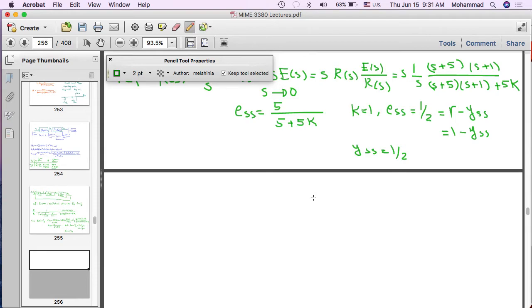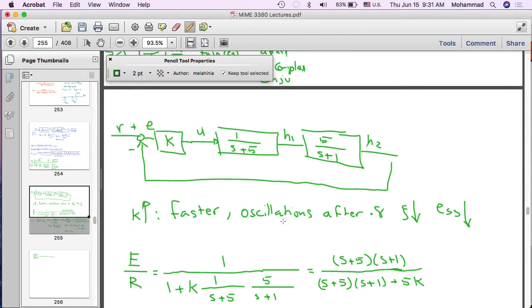I'm going to ask you to find a transfer function between H1 as the output and R of S as input from the exact same block diagram that I have up here. Let me switch screens so you can see better. So find H1 as output, R as input. What is the transfer function between R and H1? Again, you need to apply the exact same rule.